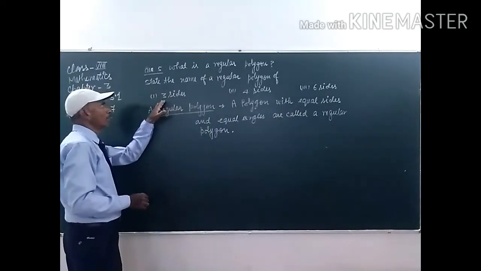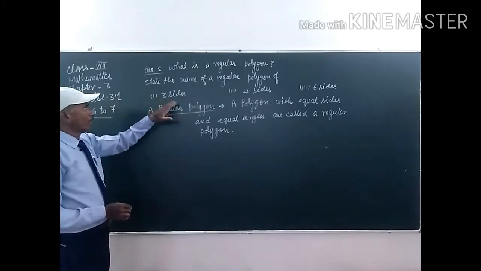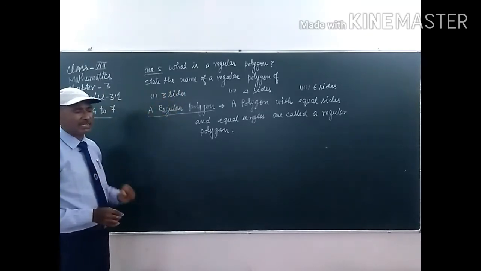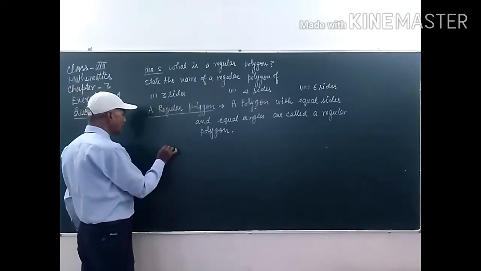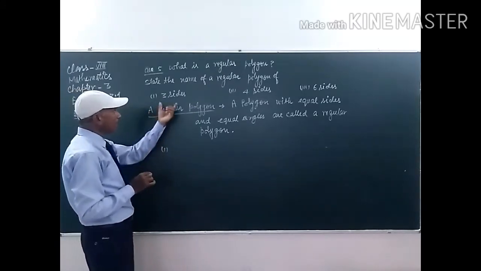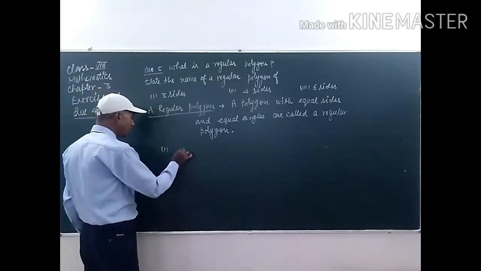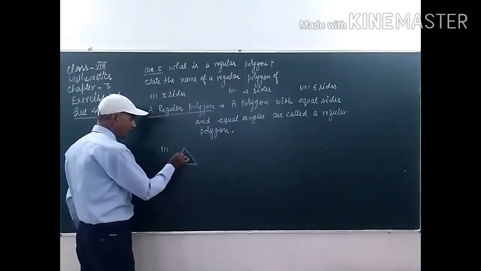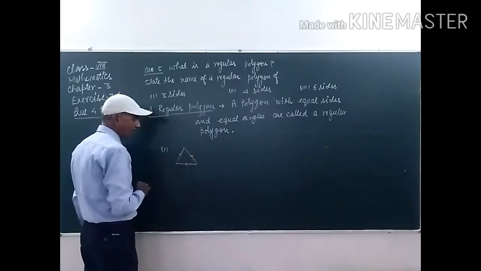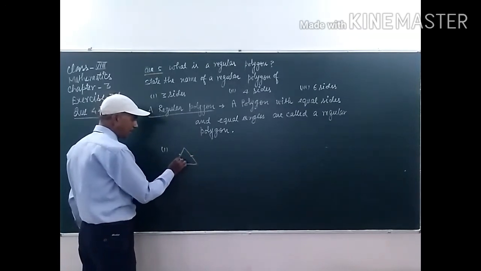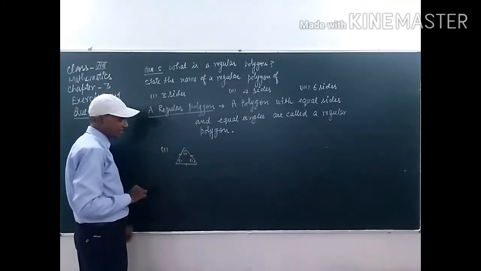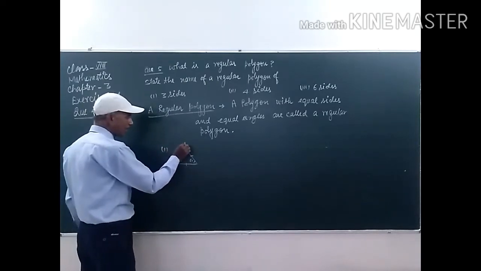Now we have to solve this one. What will be the special name of that particular polygon of three sides? If it is three-sided, this figure is a three-sided polygon and all the sides are equal length and all the angles will be equal. This one 60 degree, 60 degree and 60 degree. All the sides will be equal.